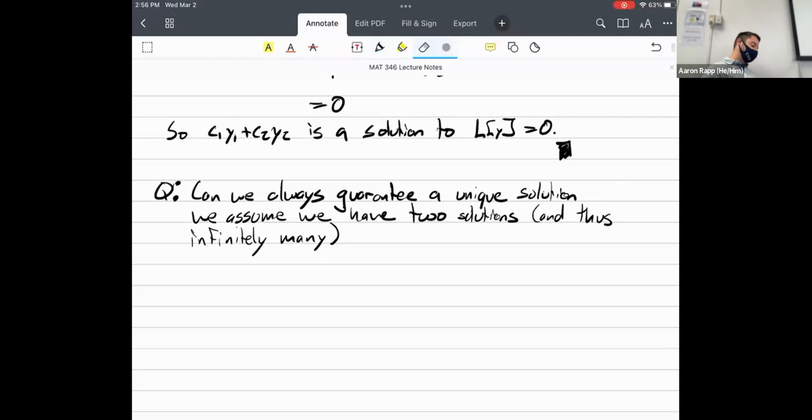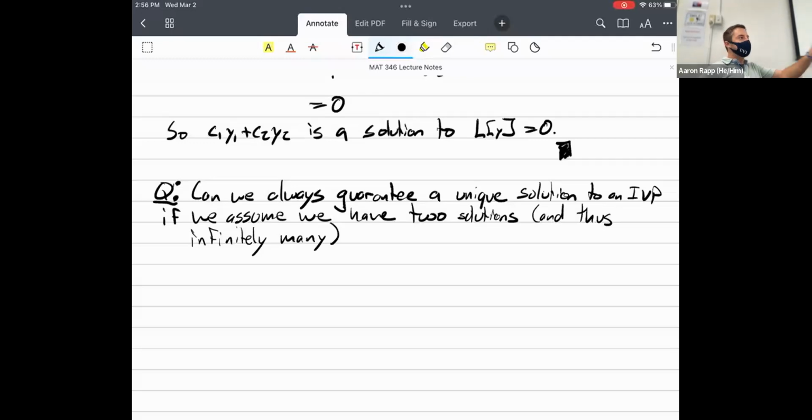Unique solution to an IVP. So can we always guarantee a unique solution at least?